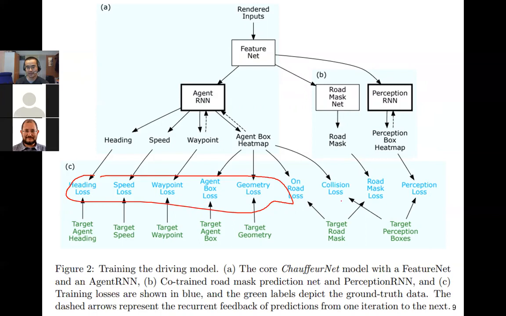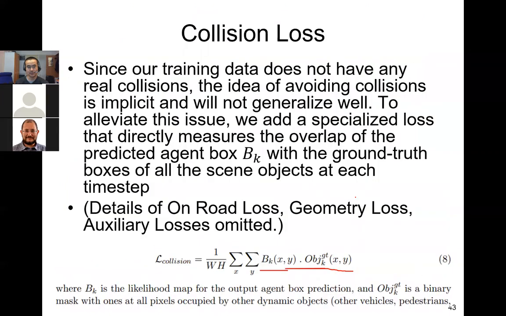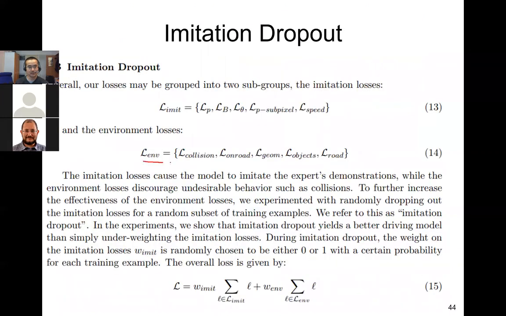On the right are the environmental losses. These are the loss functions you added yourself to discourage undesirable behavior such as collisions. Imitation losses cause the model to imitate the expert's demonstrations.